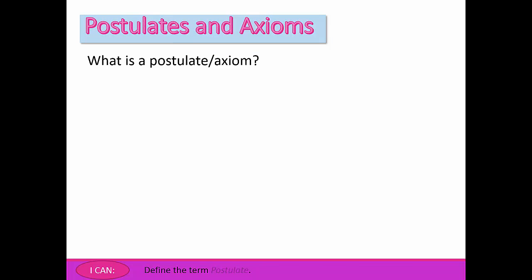Other building blocks of geometry is something called a postulate or an axiom. And a postulate or an axiom is just a statement that is accepted as true without proof.